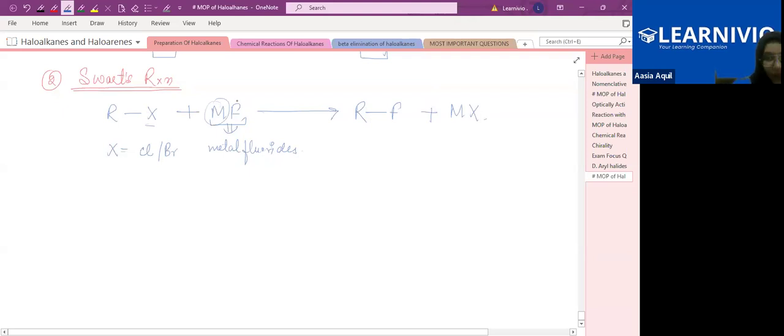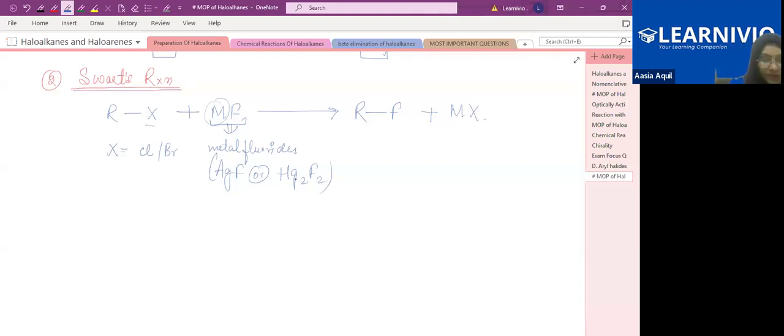Metal fluoride, which you can take as silver fluoride or mercurous fluoride, Hg2F2. These two reagents are used as metal fluorides. So that's the general reaction for the Swartz reaction.